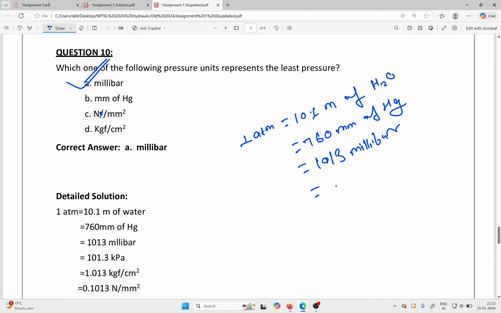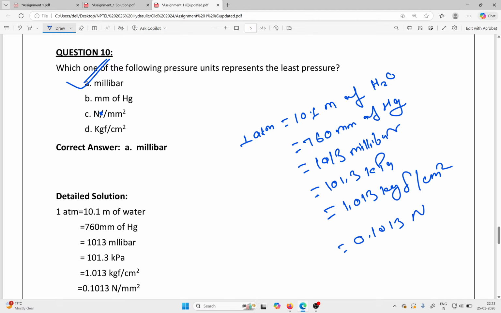If you want to write it in kilopascal, you will write 101.3. If you want to write one atmospheric pressure in terms of kgf, it is 1.013. If you want to write in Newton per mm square, you can write 0.1013 Newton per mm square.